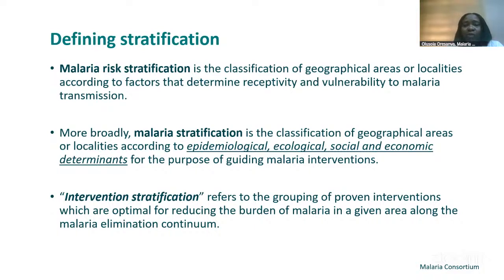And so again, when we talk about intervention stratification, then we are referring to putting a group of proven interventions together in a way that you are targeting or tailoring them to a specific area, with the aim of reducing the burden of malaria in that particular area along the malaria elimination continuum.